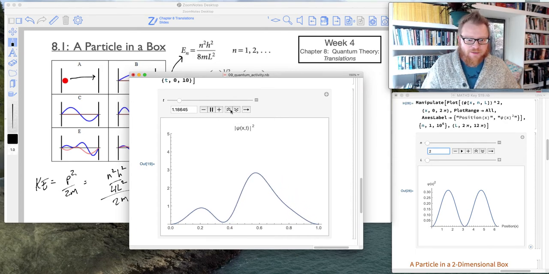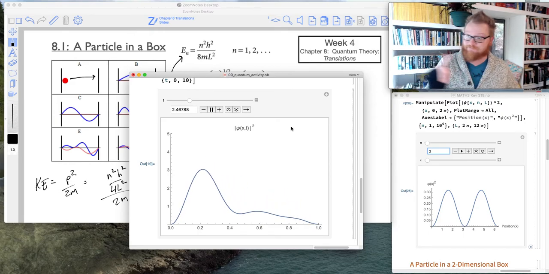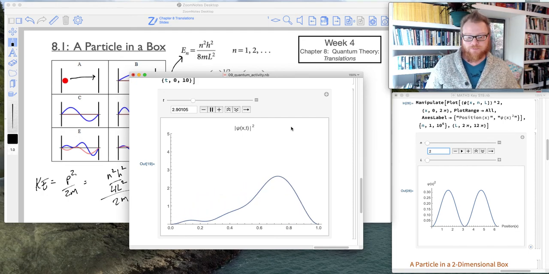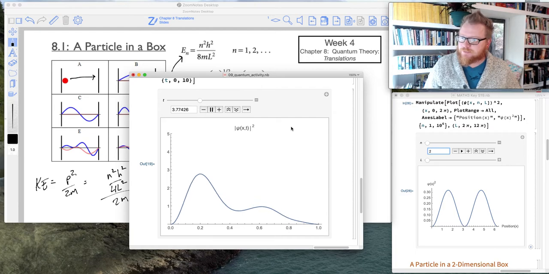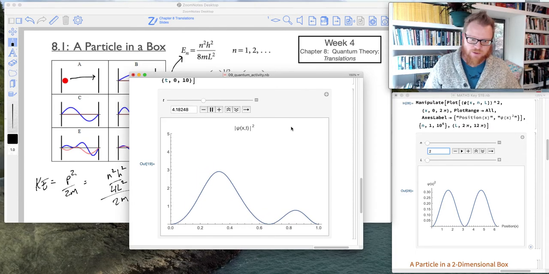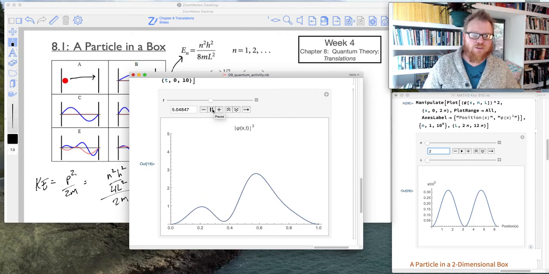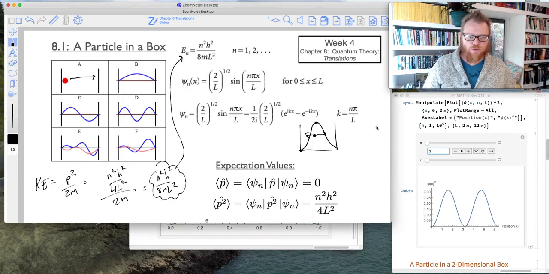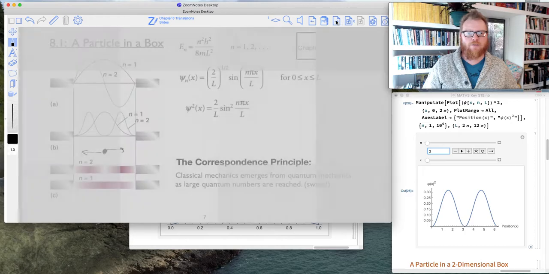There we go. Honestly, this is all it's doing: just a particle moving back and forth as a superposition of exponential functions with imaginary exponents. So this is kind of cool. One last little bit to go through, and then I'm going to end that off.